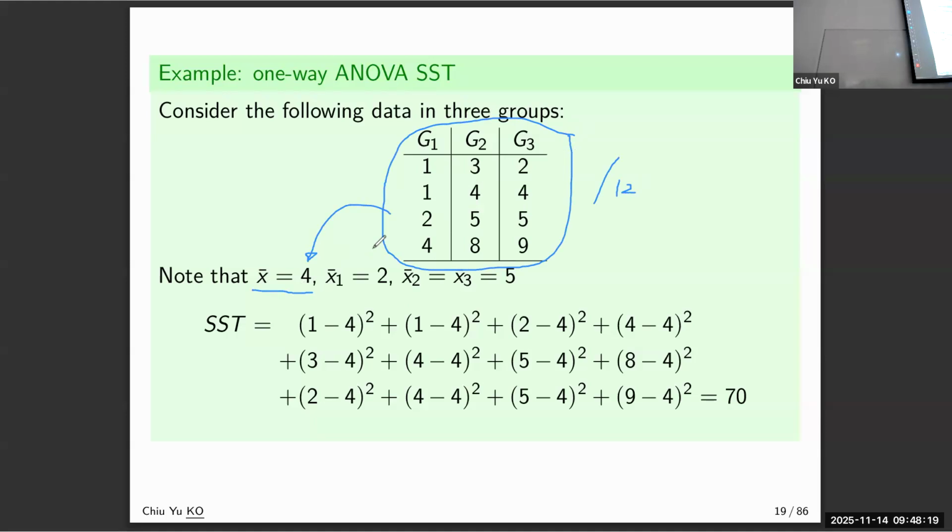So you go for every single number, and that is how you get the SST. That is called total variation. If you divide it by 12 or by 11, that will be the sample variance. But that's the first thing.